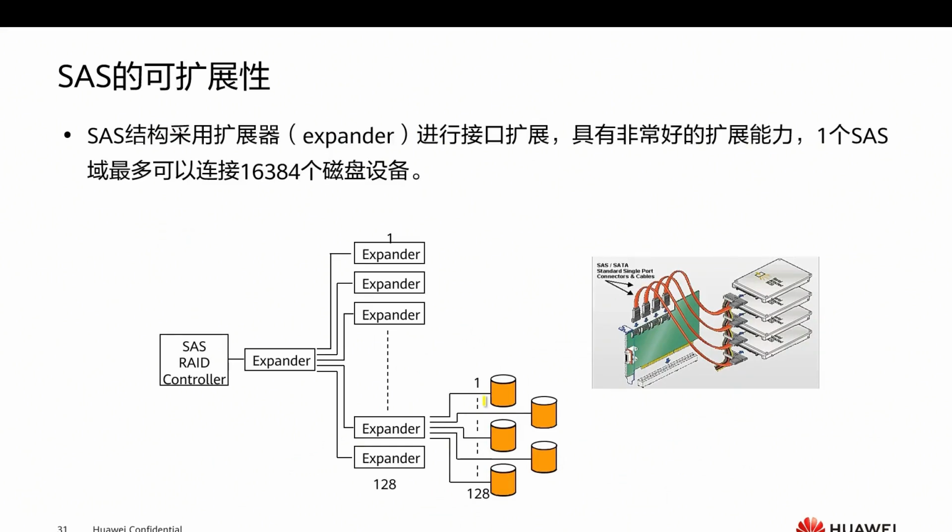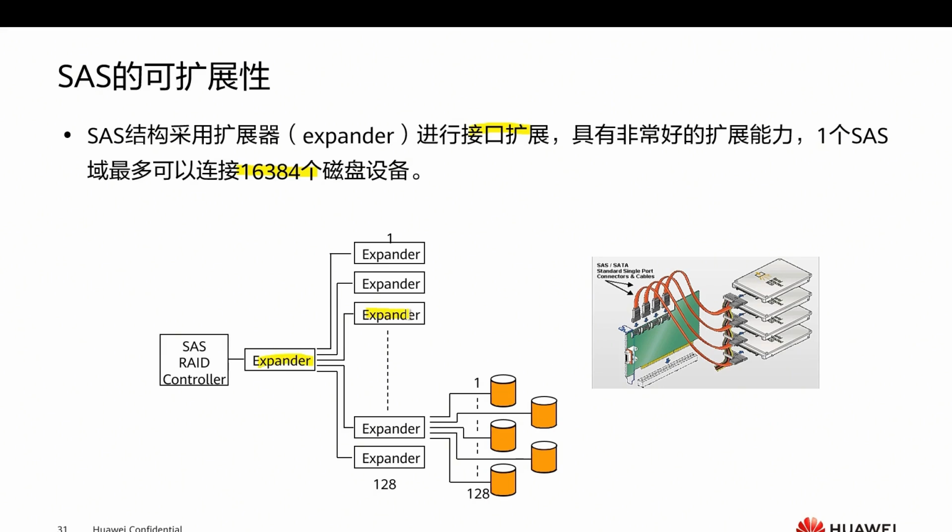The SAS structure uses expanders for interface expansion. It has very good scalability. It can connect up to 16384 disk devices. The expander is an interconnection device in the SAS domain, similar to an Ethernet switch. Through the expander for cascading, it can increase the number of terminal device connections.